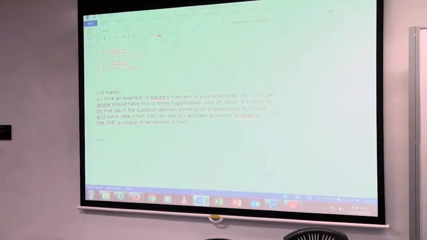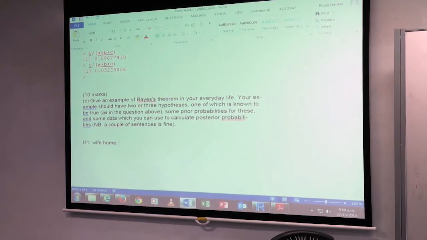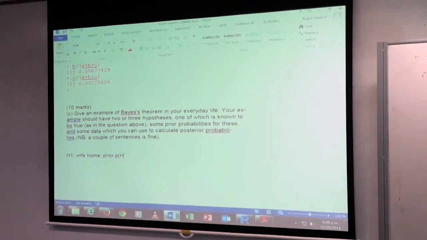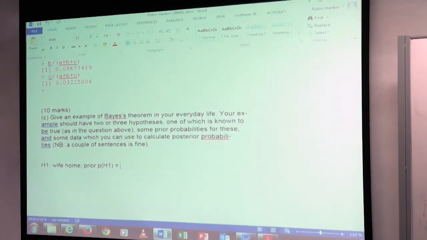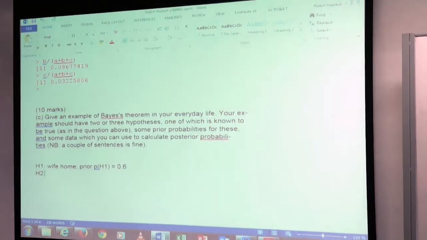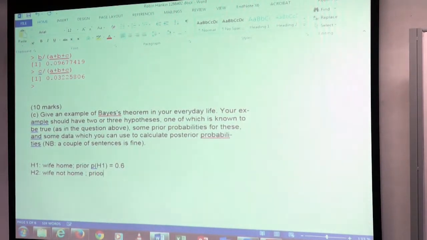Okay, so we've got H1, wife home, prior P of H1 equals, what is it? 0.6. H2, wife not home, prior P of H2 equals 0.4.